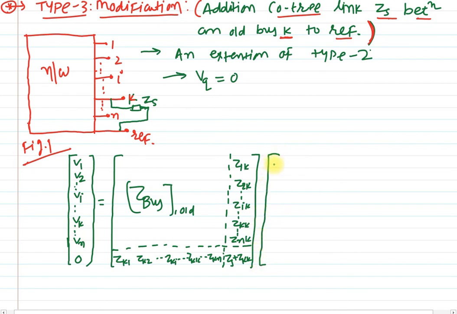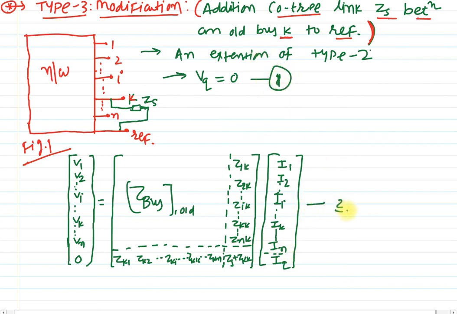Same way the current matrix which is I1, I2, Ii, Ik, In and the last one is IQ. This is your equation number 1, VQ is equal to 0, and this is your equation number 2.